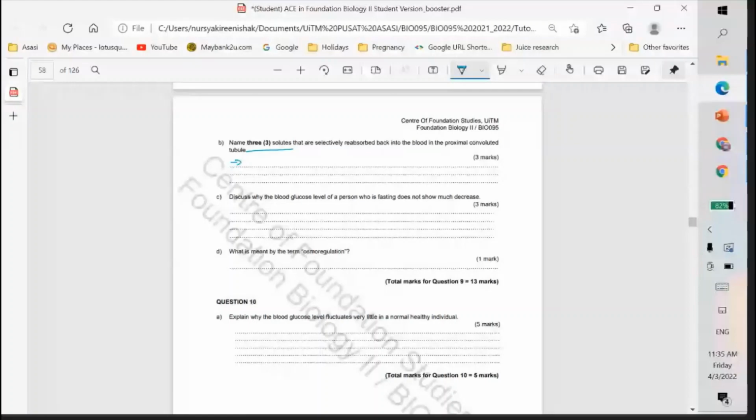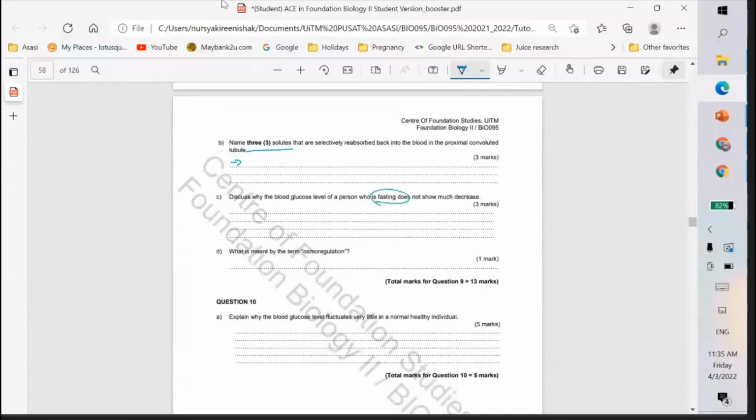Next question, C. Siapa ya? Shakira. Okay, for C, discuss why the blood glucose level of a person who is fasting does not show much decrease.